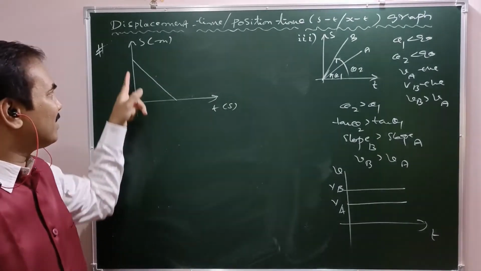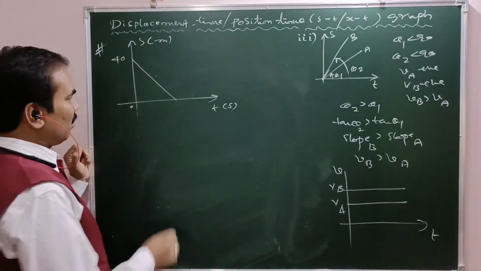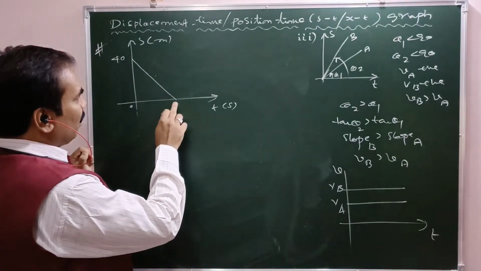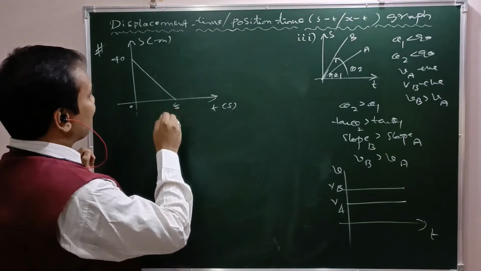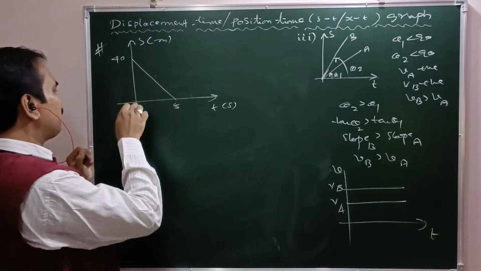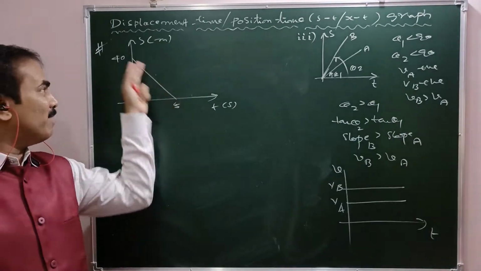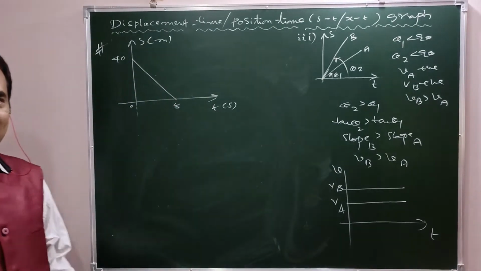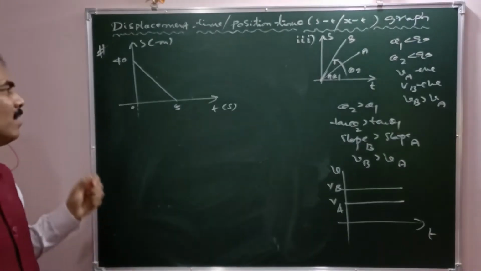At that instant, what is the displacement here? 40 meters. Right. Suppose at some other instant t equal to 5 seconds, displacement becomes 0. But here see the variation of displacement with time is linearly decreasing.